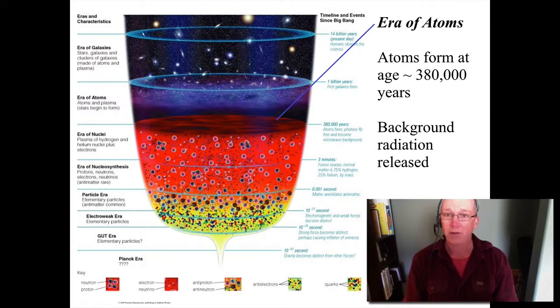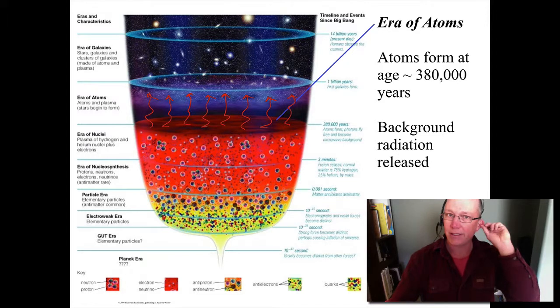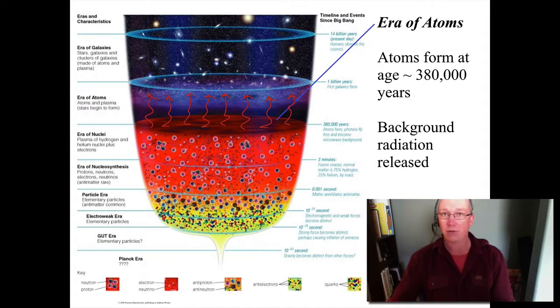However, after about 380,000 years, the universe cools enough that it becomes transparent to light, and the cosmic microwave background is released into the universe from here. And this is where we can start to form true atoms, atoms that have electrons around them. So hydrogen can form into molecules, helium can form into helium atoms, true atoms with electrons around them that can perform chemical reactions. And this is where we start to get star formation.